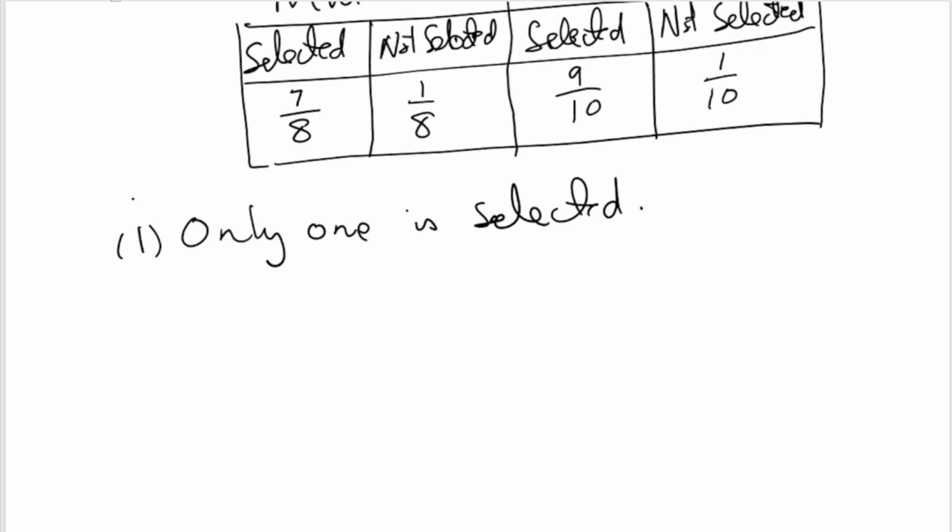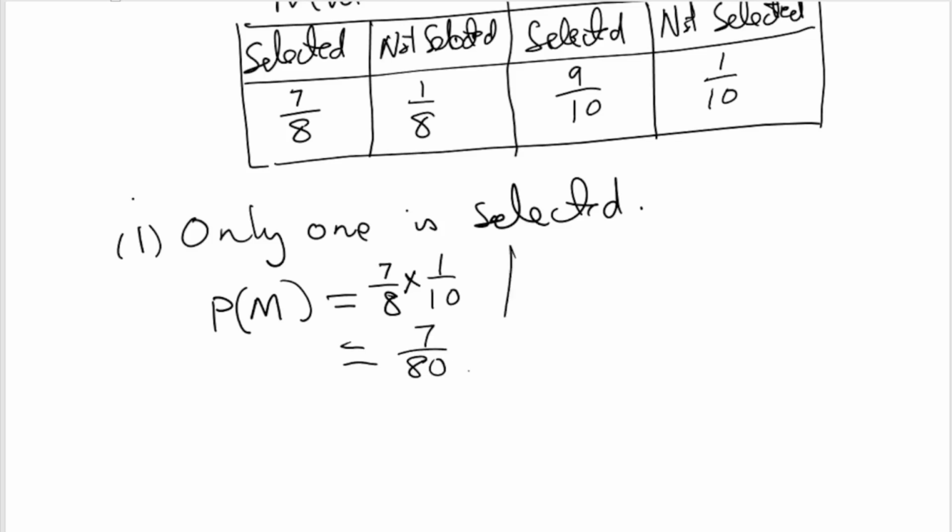So we're going to calculate the probability of selecting Mutola, let's call it M, which is equal to 7 over 8 multiplied by 1 over 10. Now you may ask, but why 1 over 10? The issue is that if Mutola is selected, then Mwambi is not selected. So we multiply with the probability of not being selected, and that gives us 7 over 80.